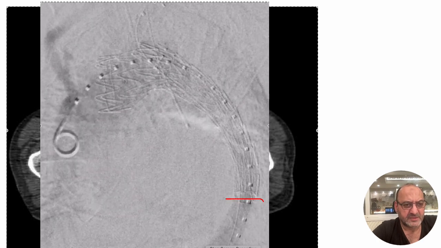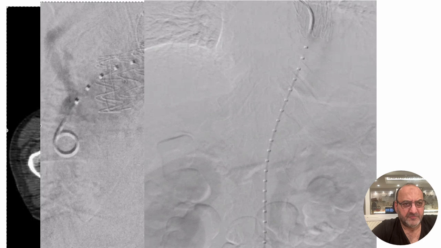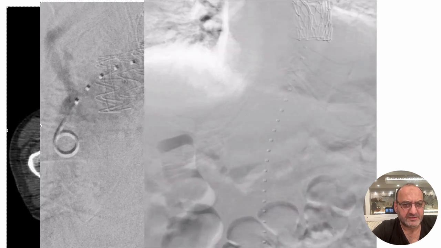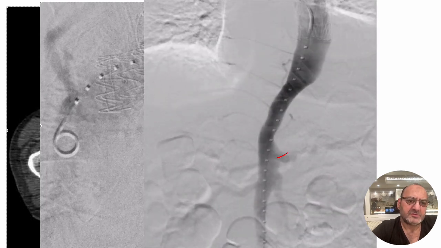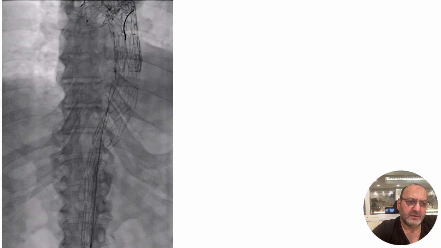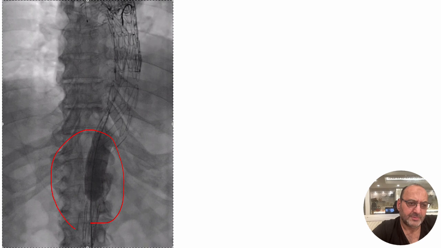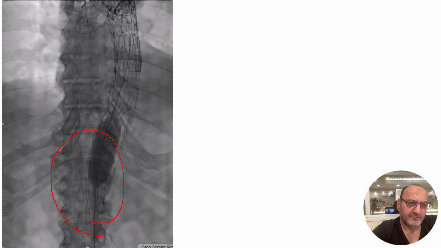Then essentially we shot the viscerals, and as you see here in the viscerals, the false lumen is small. The SMA shows, but it's not as strong. At that point, we placed the dissection stent, as you see right here, very carefully. You see how it popped up, but you have to be very careful.